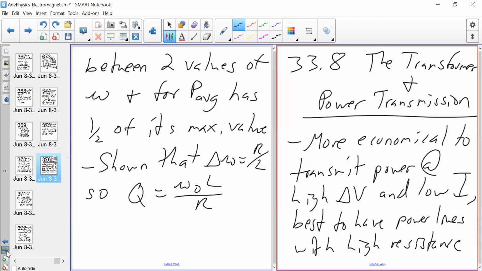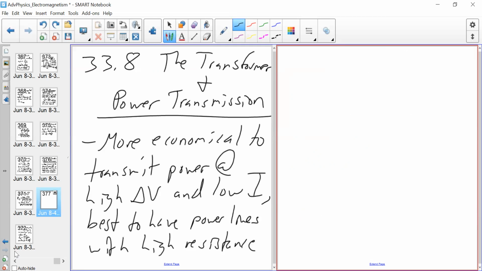And the basic reason for that comes from this equation we saw a long time ago, where resistance is rho L over A, and where rho is the resistivity. So a long wire increases resistance, a direct function, and it reduces the current.